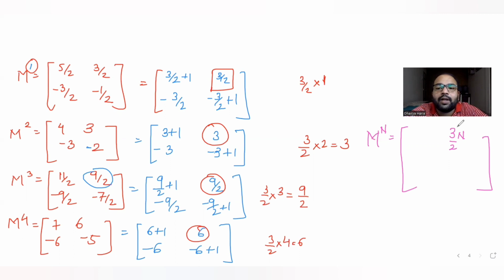Now all the three remaining terms with respect to n: the first term is obtained by adding 1 to the second term, the third term is obtained by multiplying the second term by minus 1, and the fourth term is obtained by adding 1 to the third term. So I can observe that m raised to n becomes this.